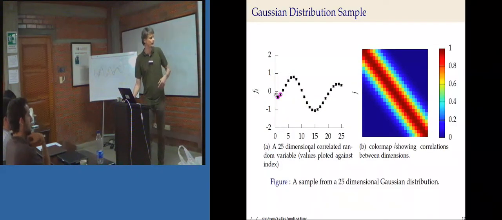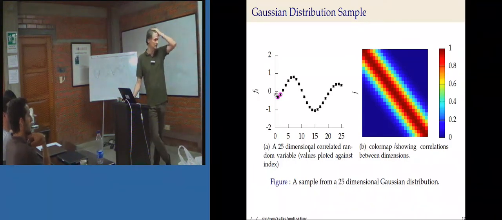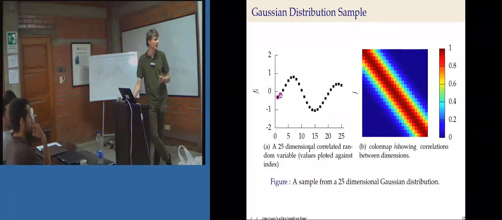Now, what I want to focus on in particular is an important property of Gaussians, that they're closed under marginalization. What do I mean by that? Well, if we just look at these 2 points here, the index 1 and 2, and I ask what's the joint distribution of these 2 points, the probability of f1 and f2. This is giving me the covariance of all points. This is a zero mean Gaussian, so the joint distribution of f1 to 25 is this thing here, and the covariance of these two is just taken by taking this box here.